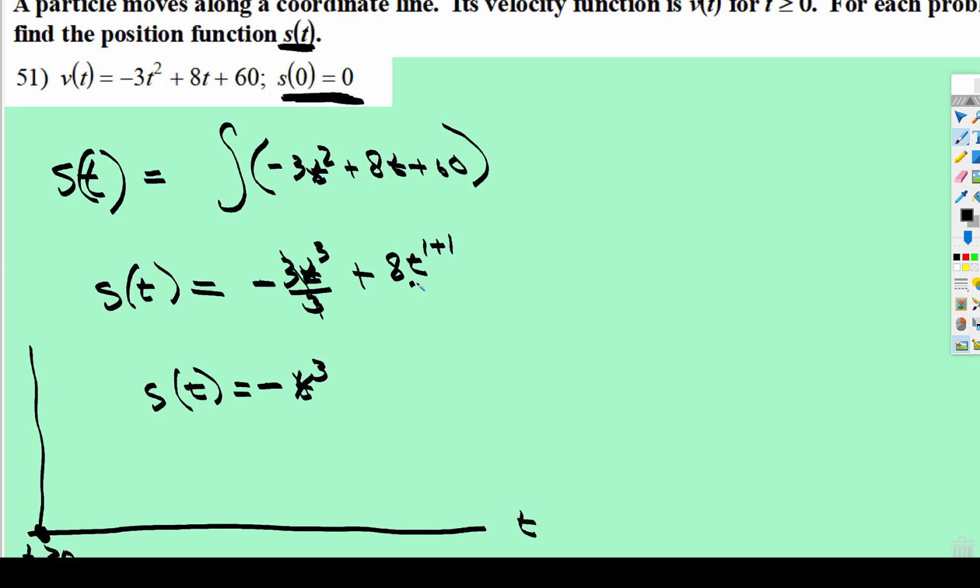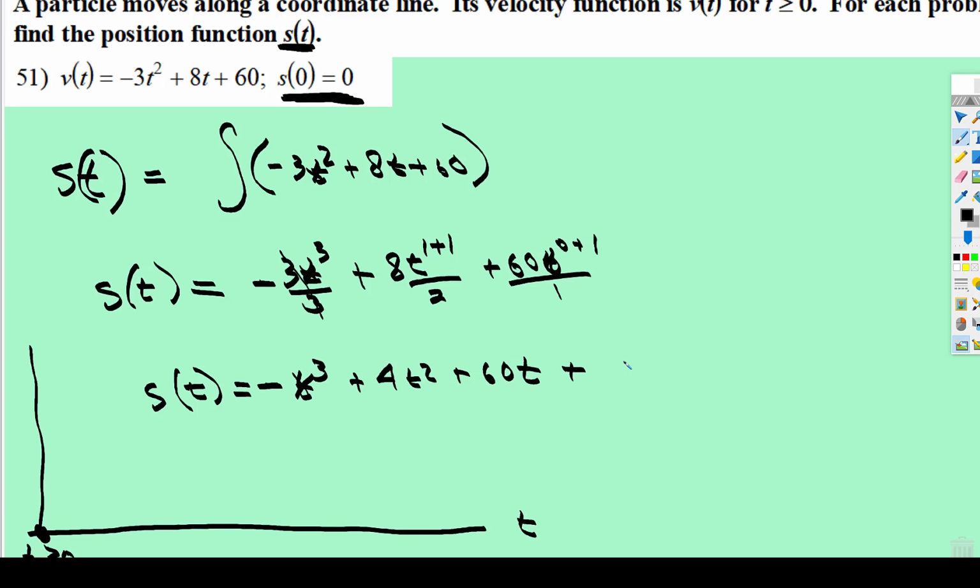We're going to add a 1, so divide by 2, 8 divided by 2 is 4t squared, and then the integral of 60 is, think about that as t to the 0, plus 1, divide by 1, so that is 60t. And then it says find the position function when s is equal to 0.